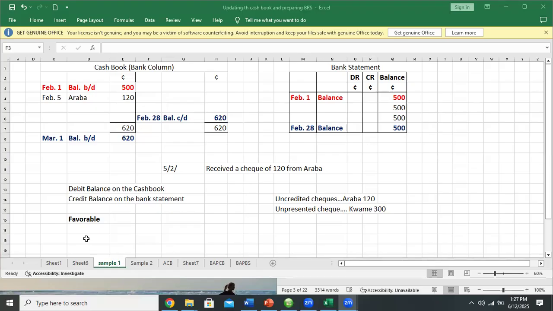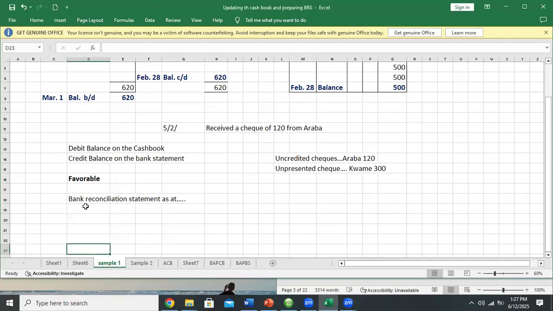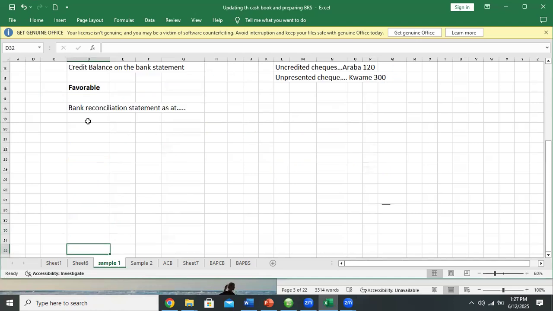So let me do it. Bank reconciliation statement, as at. It has the ending as at, just like the balance sheet. So professors, the point I'm making here is that if you are doing your reconciliation, you can start. So let me say this is style 1, one of the styles you can use.